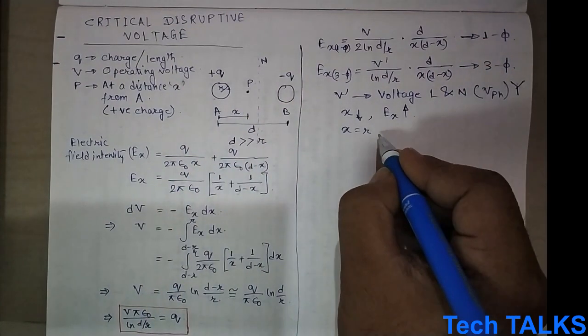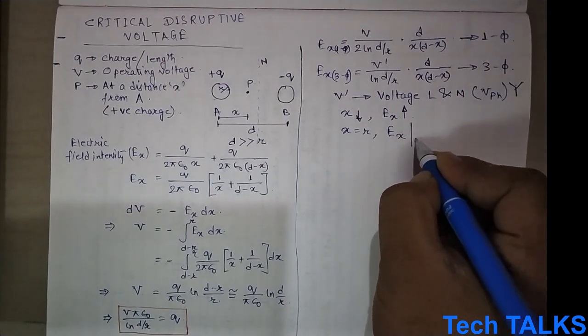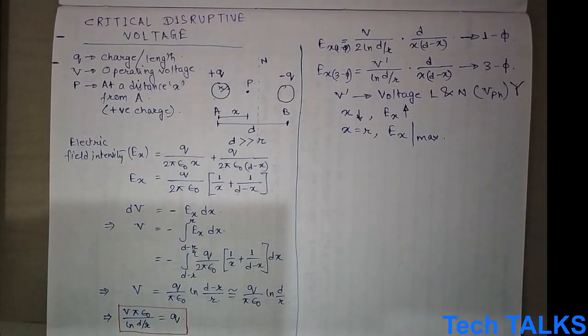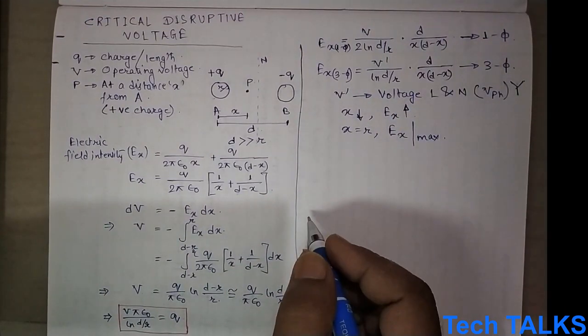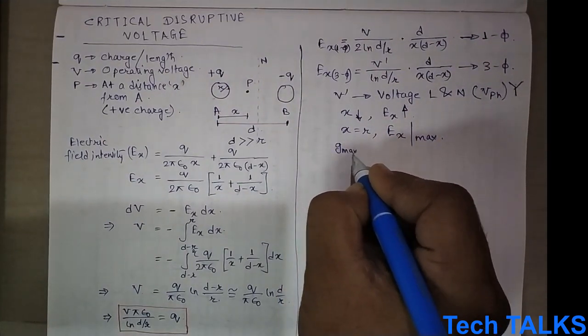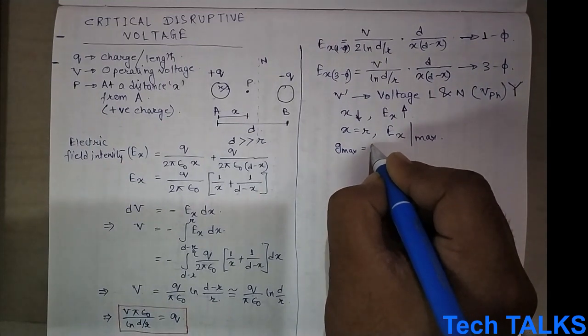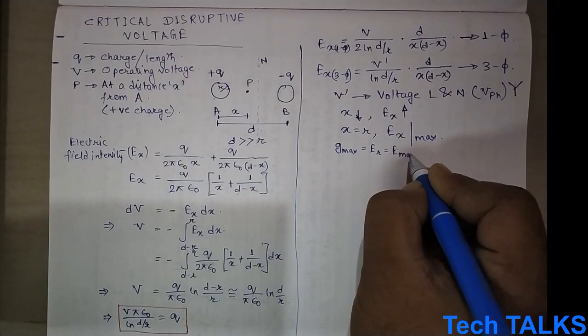So if we put r in place of x, then we get the gradient G max equal to Er, which is E max, and for the three-phase system, V dash by ln d by r into d by r (d minus r).